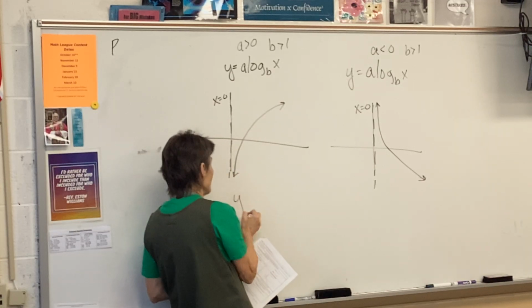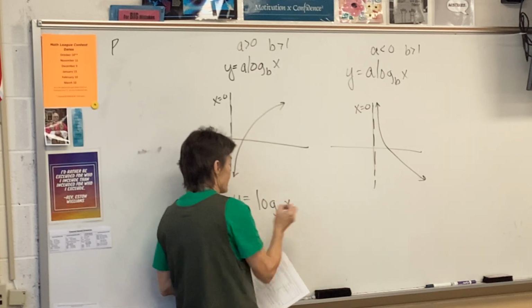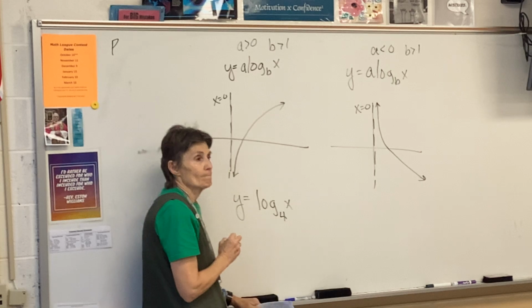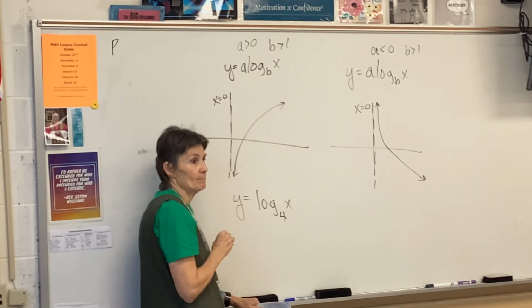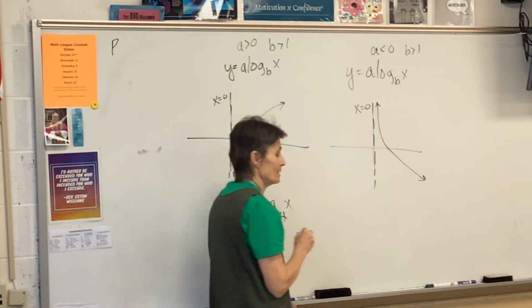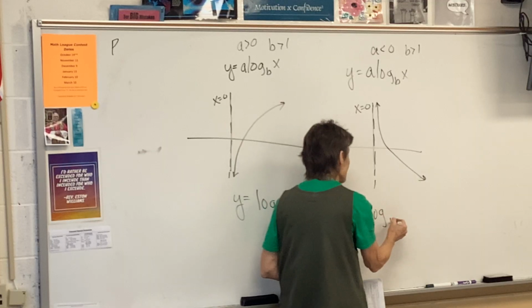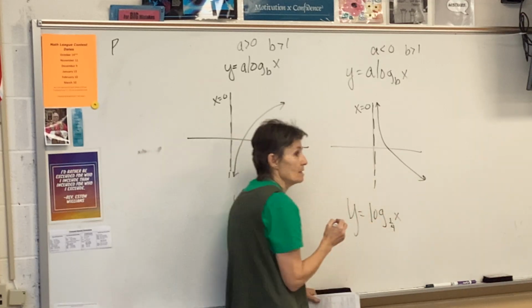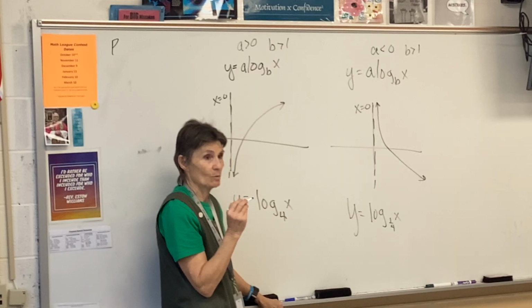So what if we were graphing y equals log base 4 of x? Would you agree that looks just like that? Now, what happens if it's y equals log base 1/4 of x? So what happens if my base is less than 1?